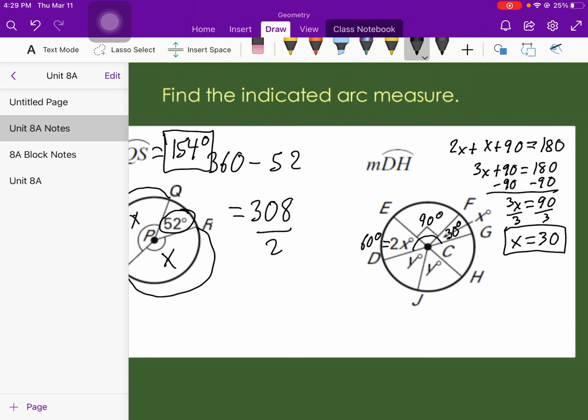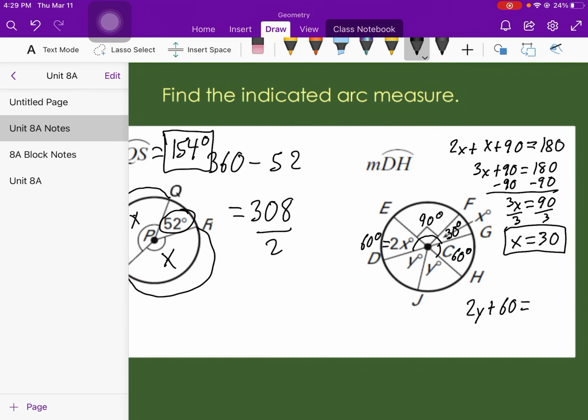And now to solve for Y, we just need to fill in part of this. So this angle over here, since it's vertical with this one, is going to be 60 as well. And what we can do for this last part is to just take 2y plus 60.